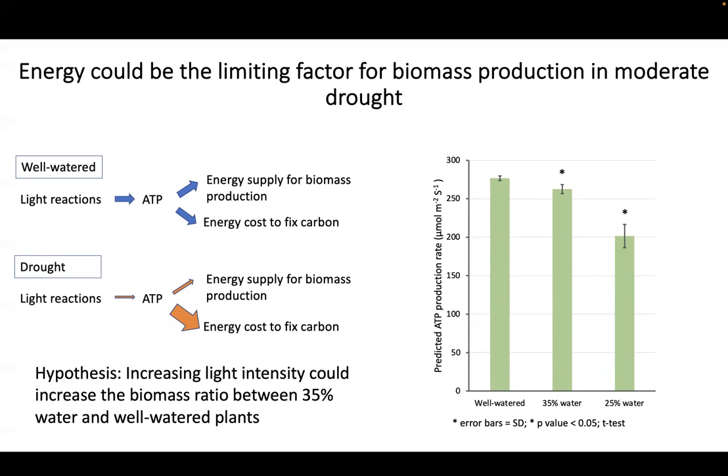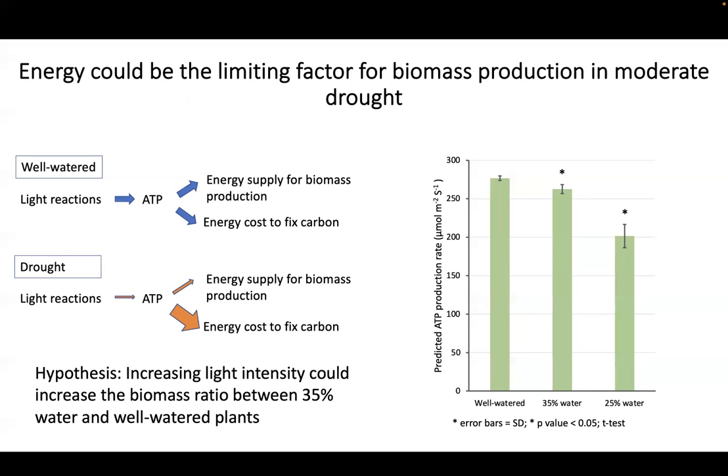In our metabolic model, we found that the total ATP production in the photosynthetic process drops significantly at 35% water, but at the same time, the total energy cost to fix 1 carbon from carbon dioxide increases under drought condition, leading to the result that, compared to the well water condition, in drought the plant has less energy supply for biomass production.